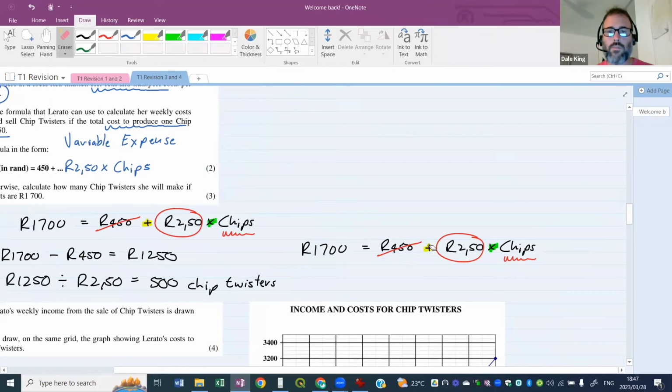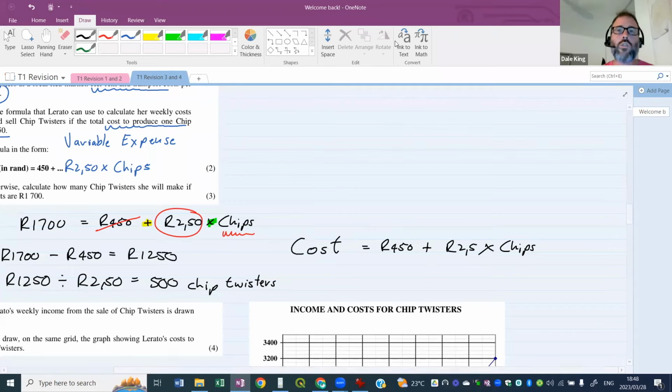Whoopsie. All right, so plus there, and then we need to times here. Okay, and on the left, this is weekly cost. I'll just write the word cost. You know what I mean. Okay, so what will the costs be if she sells no chip twisters?